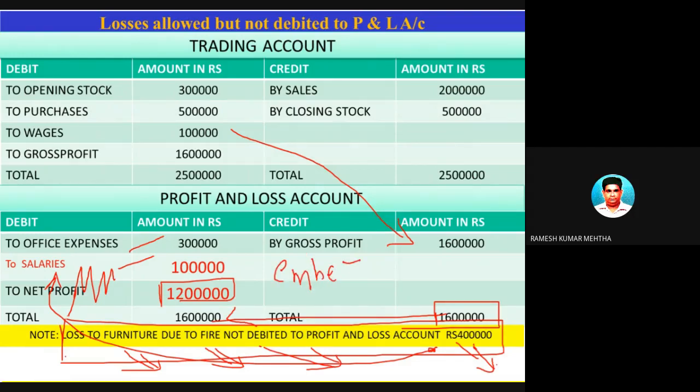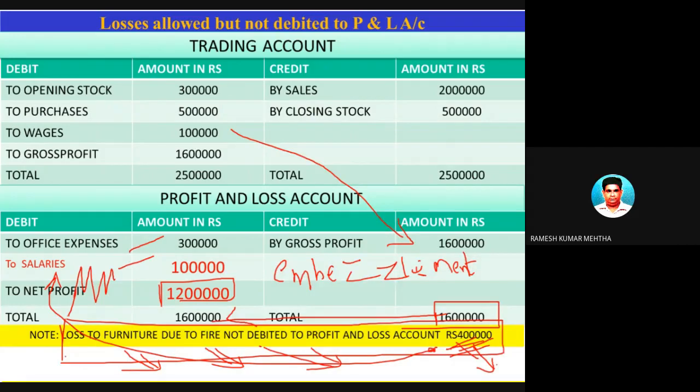For example, a cashier has embezzled, or there is a theft to the tune of some 1 lakh rupees. In banking, it normally happens that there is a scope for embezzlement. So these are genuine losses, they can't be avoided. So they should be shown on the debit side of profit and loss account. But this person has forgotten to show this 4 lakh rupees as a loss. If it is permitted to be shown, then it should be shown.